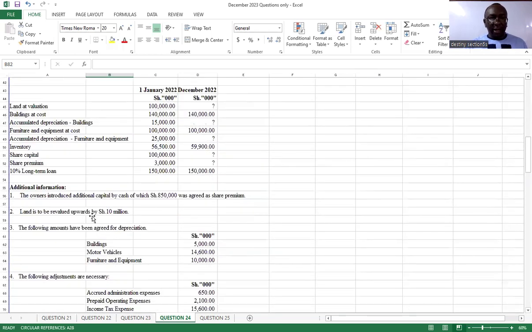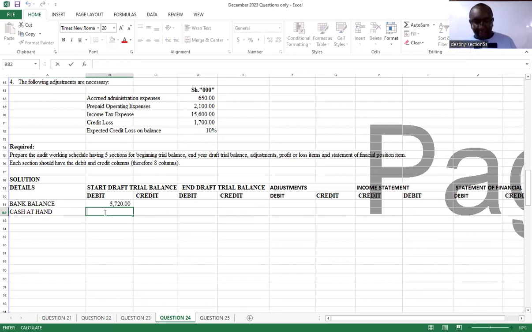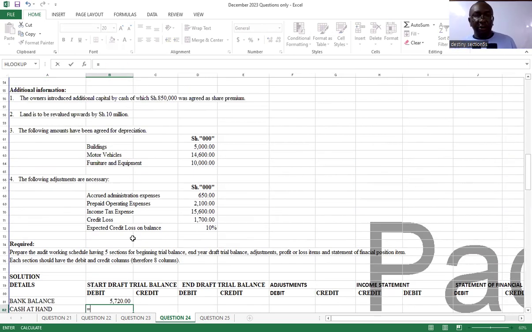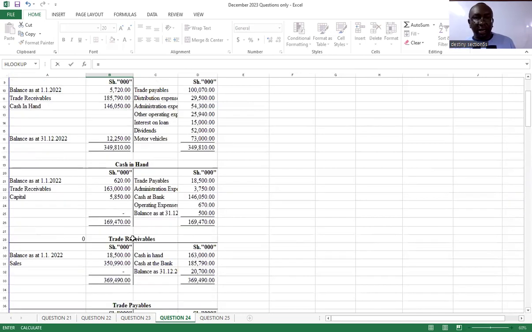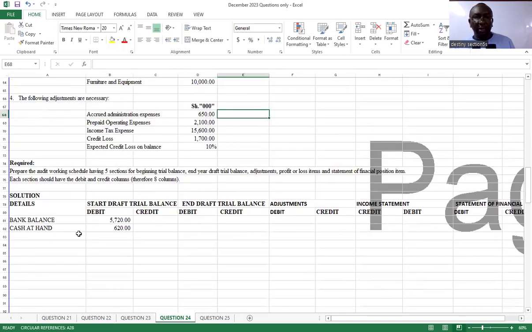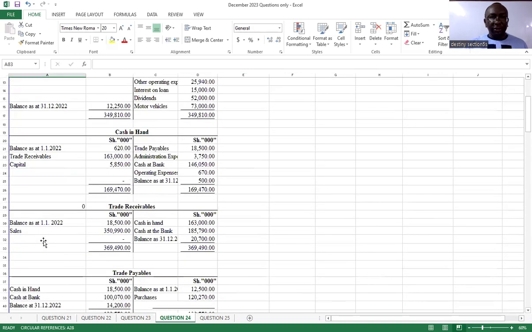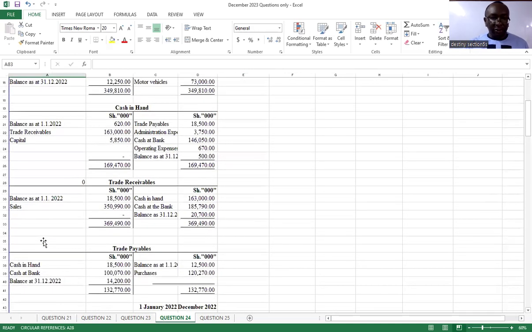The next account that is appearing there is cash at hand. So we come here and record cash at hand. Now, cash at hand, we can also pick the opening balance, which is a debit balance. So we enter. The next account that we can see there is trade receivables.